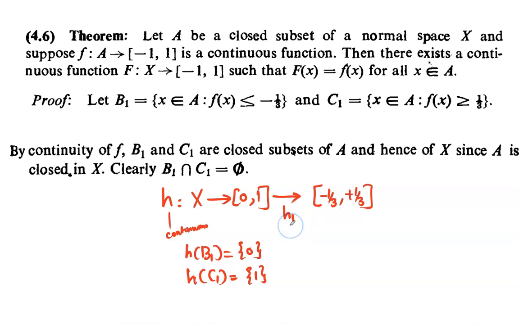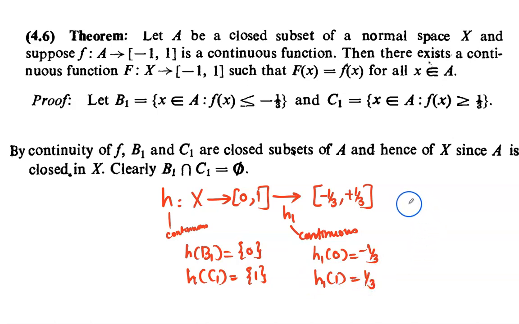Then h1 being a homeomorphism will be a continuous function and it will be a bijection. We can also construct h1 in such a way that h1 of 0 is equal to -1/3 and h1 of 1 is equal to +1/3.